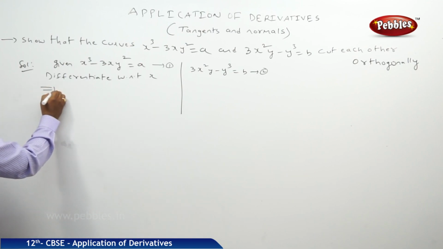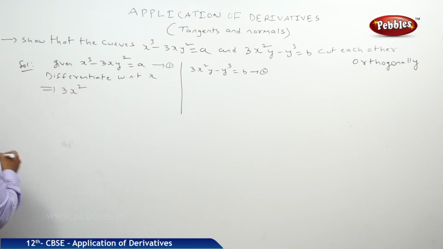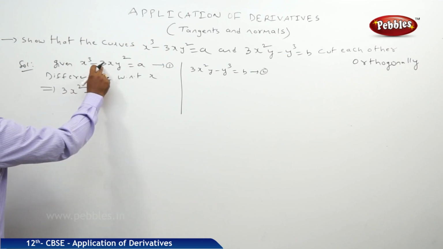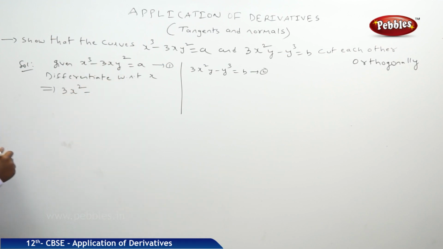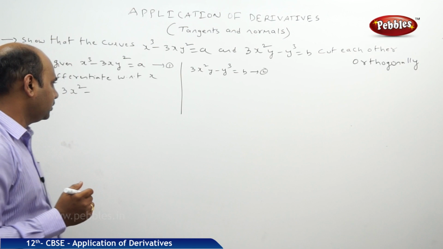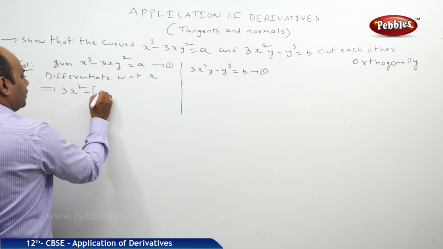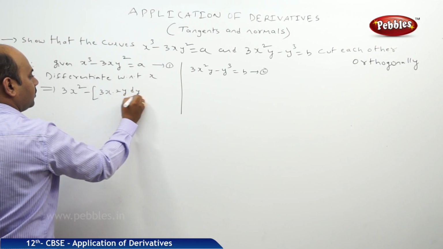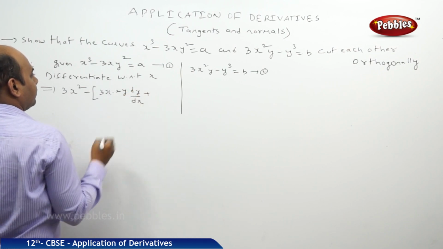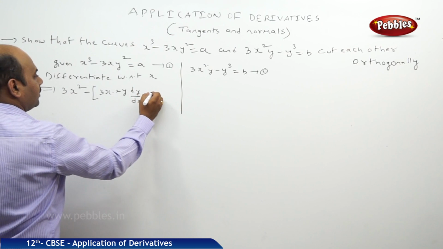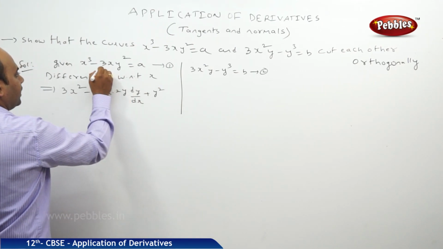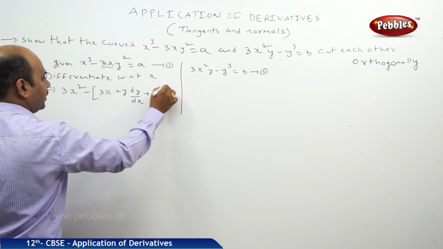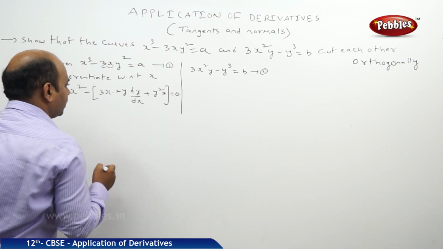X cube differentiation is 3x square, and here 3xy square is there, so definitely we need to apply the UV rule. So 3x into y square means 2y into dy by dx plus y square into the derivative of 3x, which is 3, and this will be equal to 0.